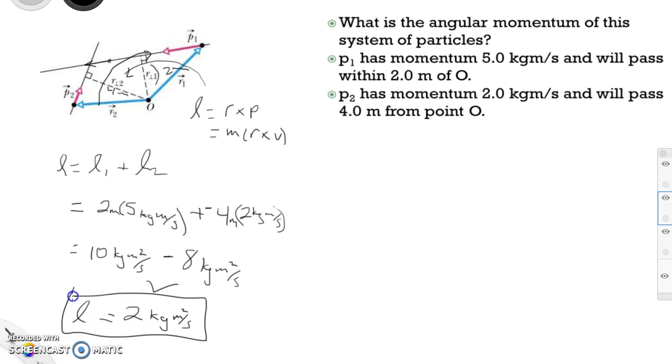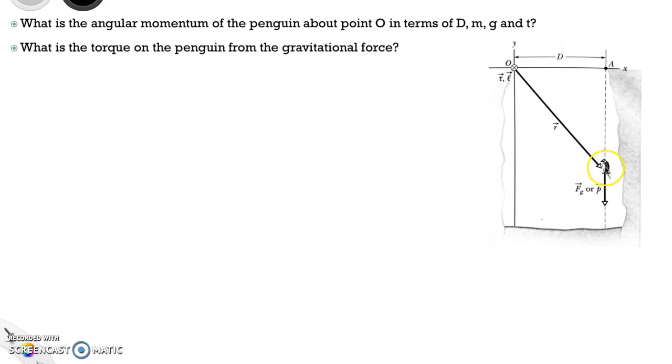Pretty straightforward. And let's say there were 4 more particles, then we would add 4 more on. Here's another one. This is a little penguin. He's jumping off this little cliff here into the water. And the question is, what is the angular momentum of the penguin about point O in terms of d, m, g, and t?